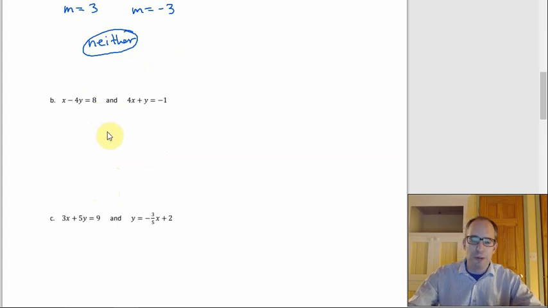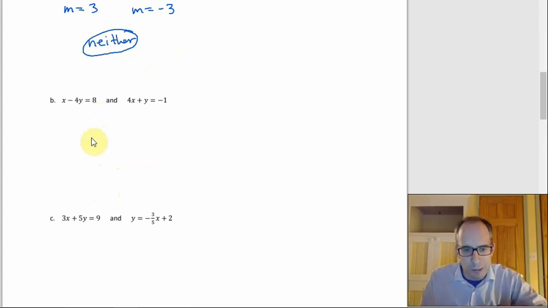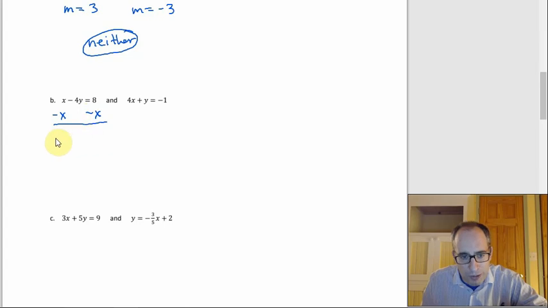B, we got to do a little bit of work first. I think it would make sense to get both of those written in slope-intercept form. So I'm going to go ahead and do that. On the left I'll get the negative 4y by itself. So negative 4y equals negative x plus 8. And then I want to solve for y, so I'm going to multiply both sides by negative 1/4.